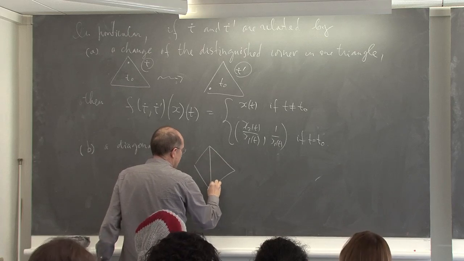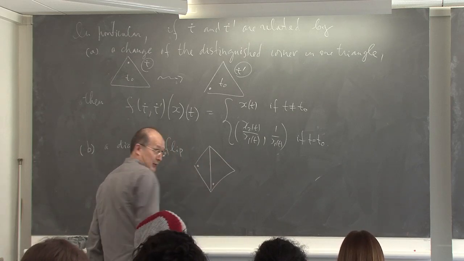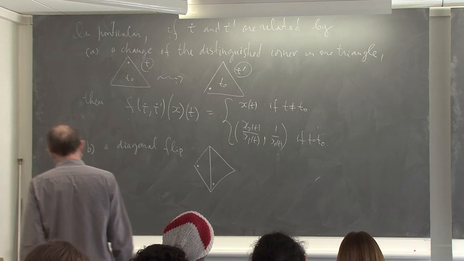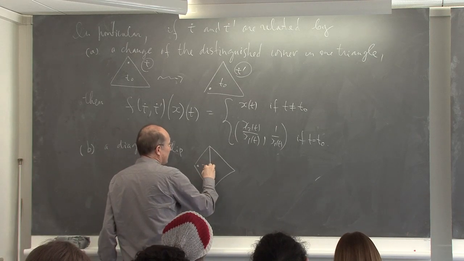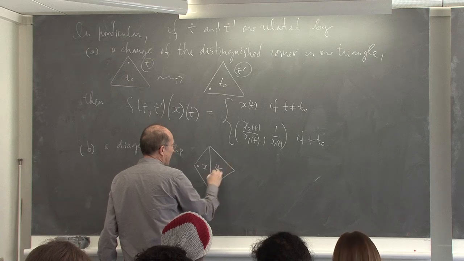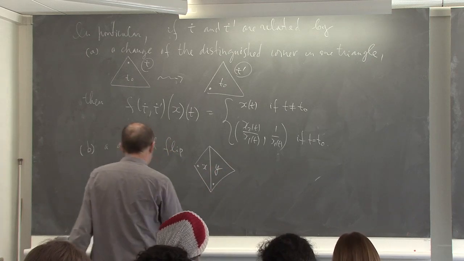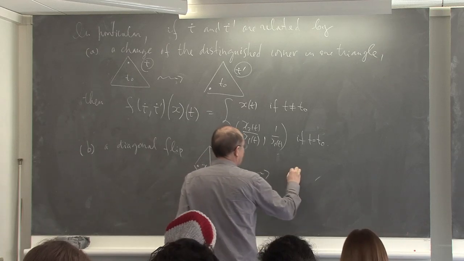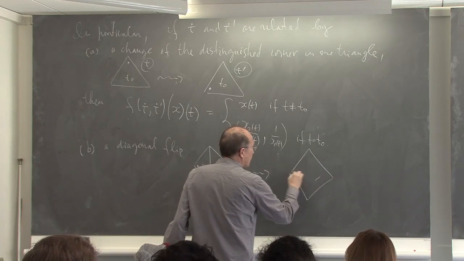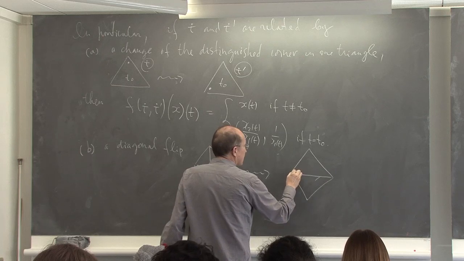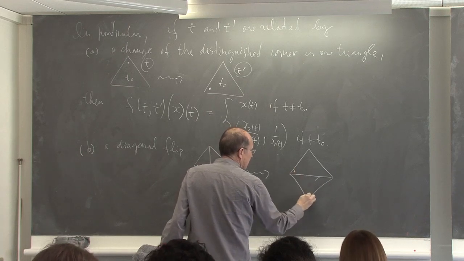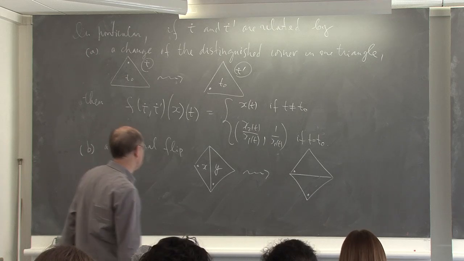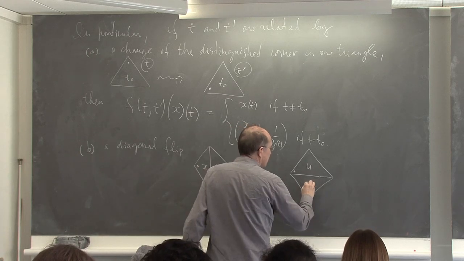Now you probably start recognizing pictures you've seen before, but the content is a little bit different. So I put x, y inside the triangles. And then we put the opposite diagonal, keeping the marking intact if we rotate it clockwise. We put here u and v.